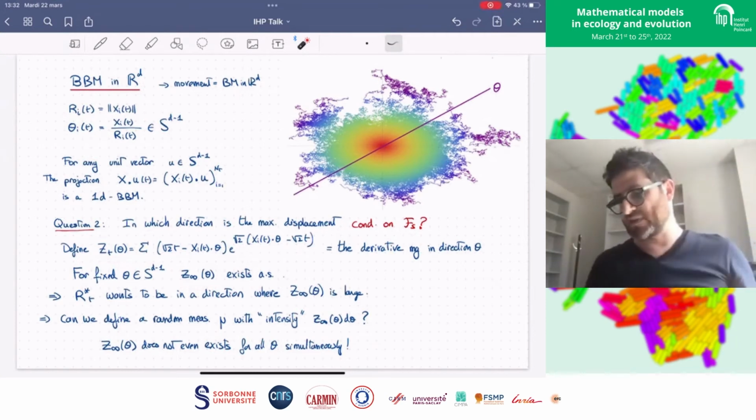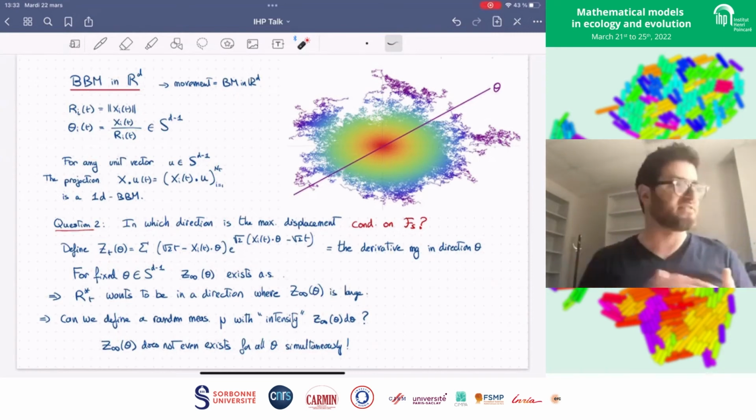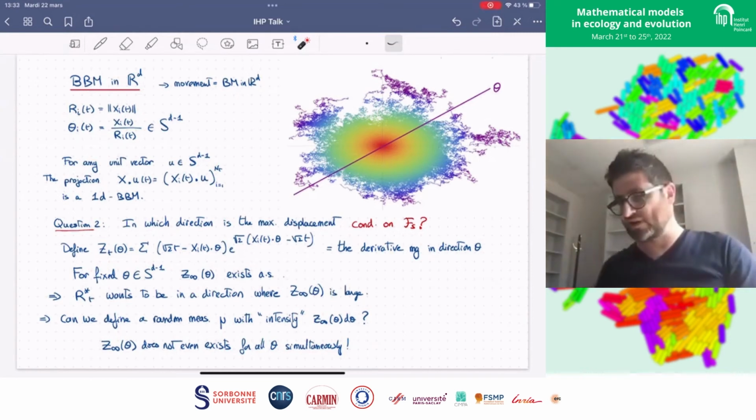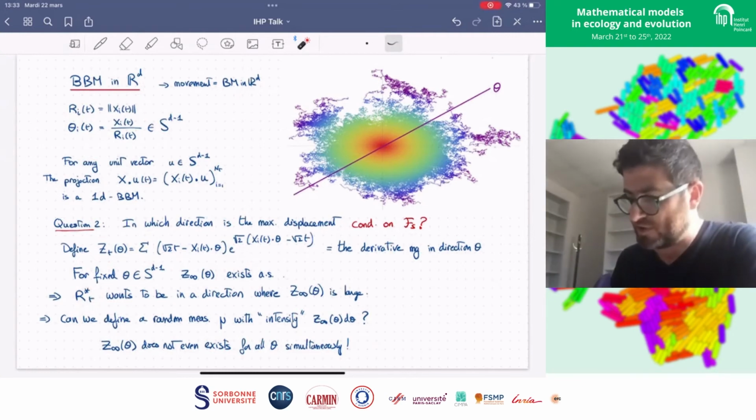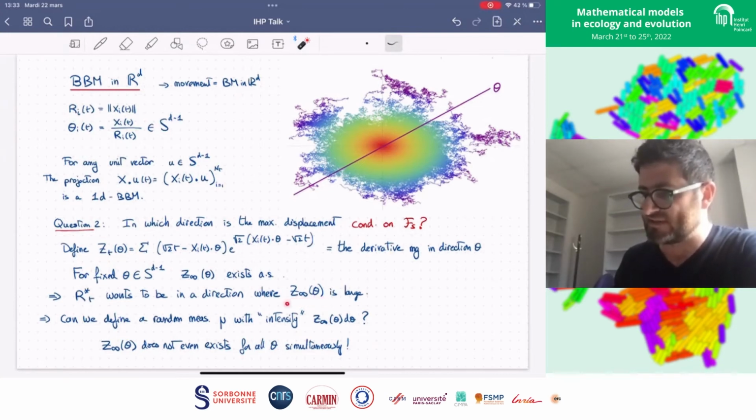And as you remember, this Z infinity is related to the lag that you never forget. And it's not hard to see that R star t wants to be in a direction where, the typo is not Z infinity, it wants to be in a direction where minus log C Z infinity is large. That's what it wants to do, right?